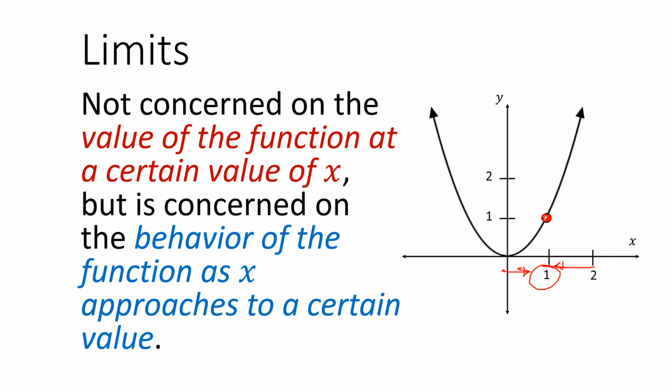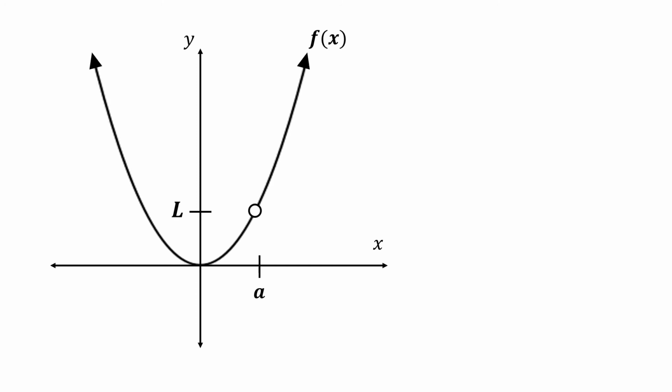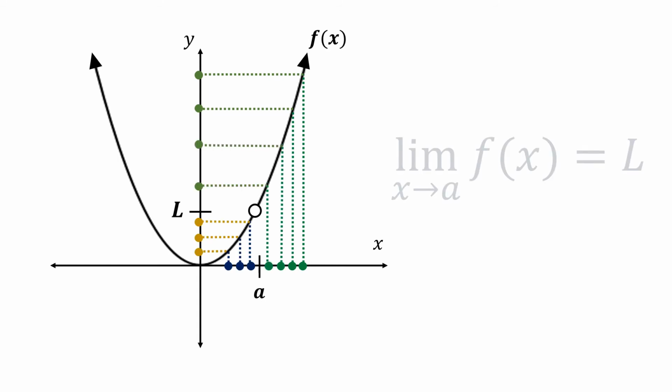In this case, again, it goes down there and it goes up here. And it goes to a certain value and it seems to be 1. So that's the main concern of the function. So let's just say, again, our illustration a while ago for the function. The correct way of showing the limit of a function, we say the limit of the function f of x as x approaches a is equal to 1.